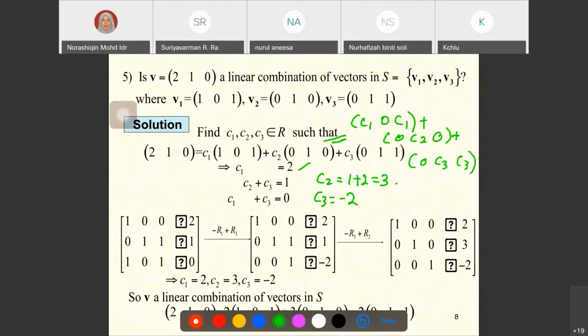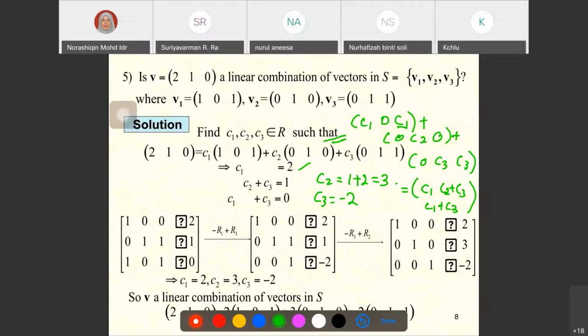Yes. Right. So when you combine this, you got C1 plus 0 plus 0. You got C1. Second, 0 plus C2 plus C3. So you have C2 plus C3. You get C1 plus 0 plus C3. So you get C1 plus C3. One row, right?